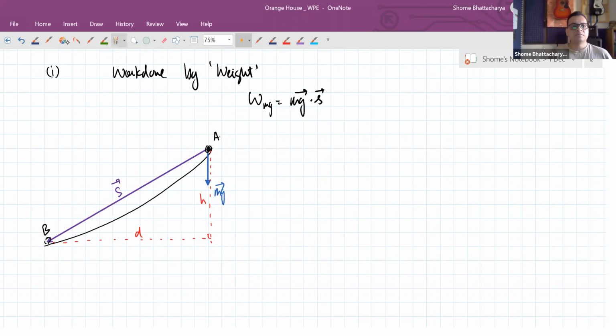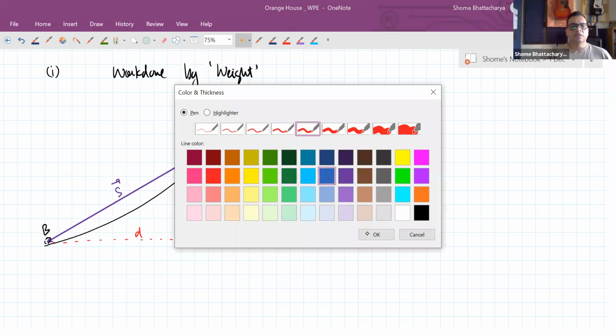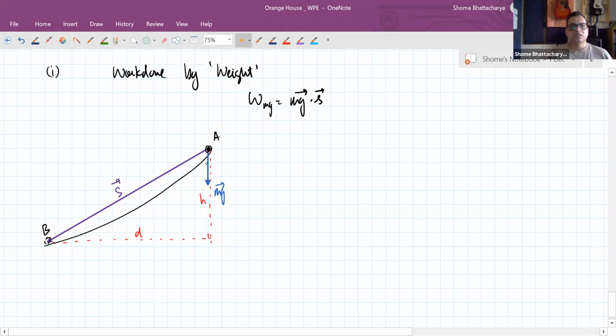And you can see in the diagram that the angle between the displacement and this, if this is theta, you can see that this will become mgs cos theta. Now in the diagram you can see that s cos theta in this triangle is nothing but h. So that's what helps us find out the work done by mg. It becomes mgh.